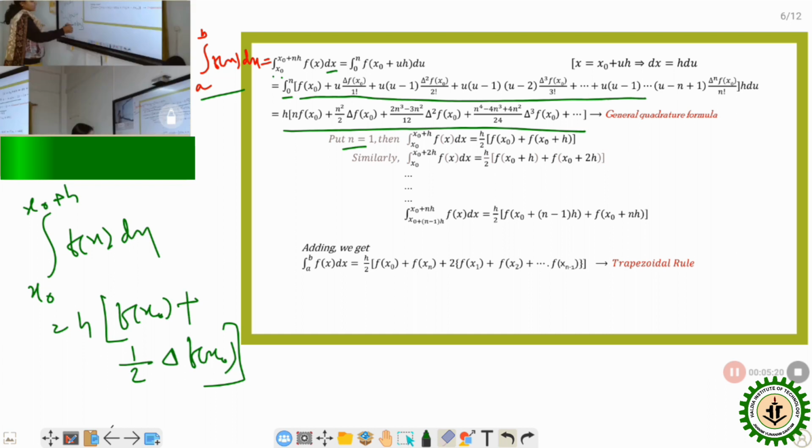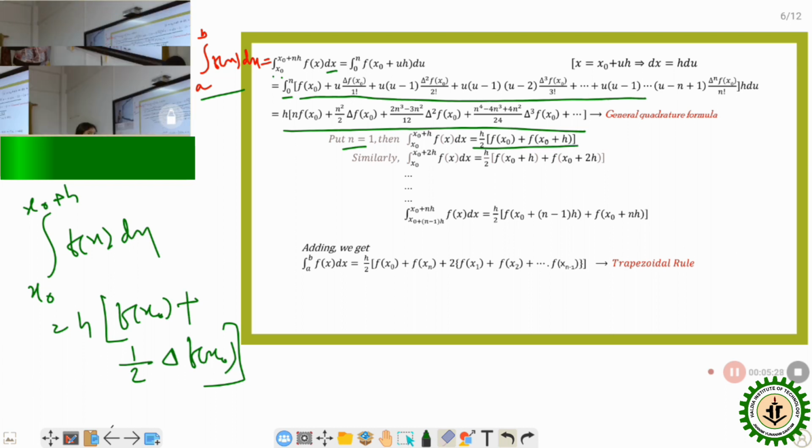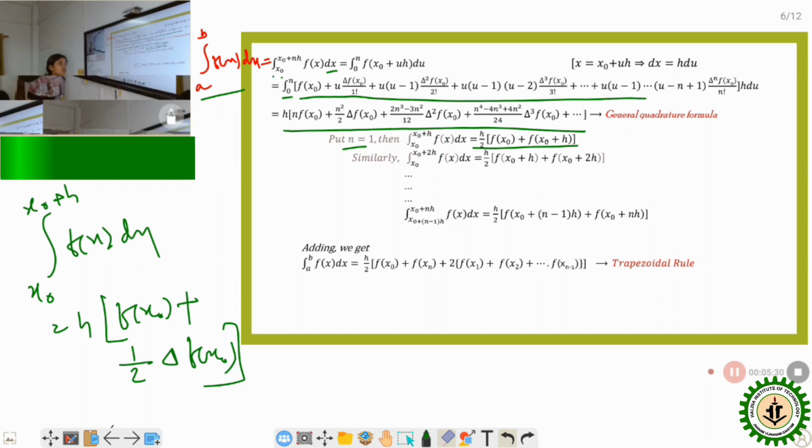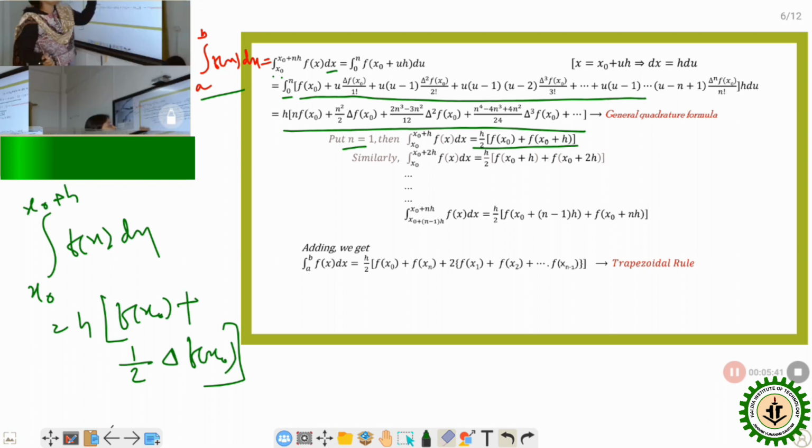And if I put delta f(x naught) as f(x1) minus f(x naught), we will get this value. And what is f(x1)? f(x1) is nothing but f of x naught plus h, as we discussed in the last slide. So ultimately we will get this much as the approximate area of the first subinterval.